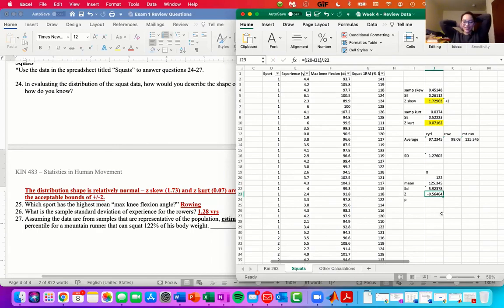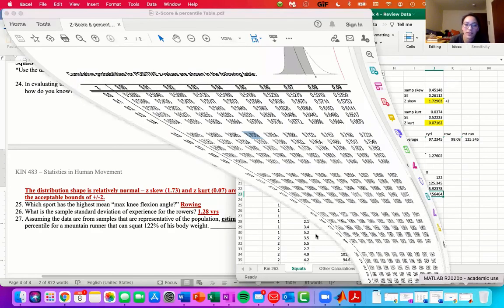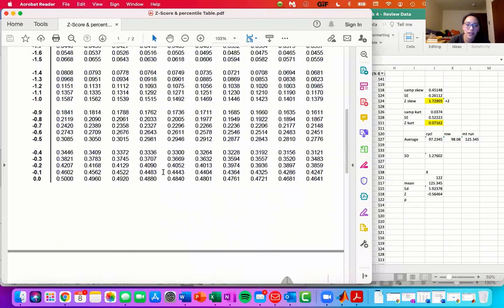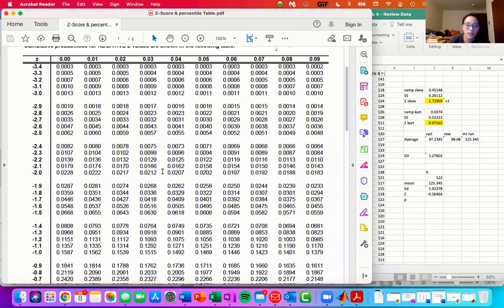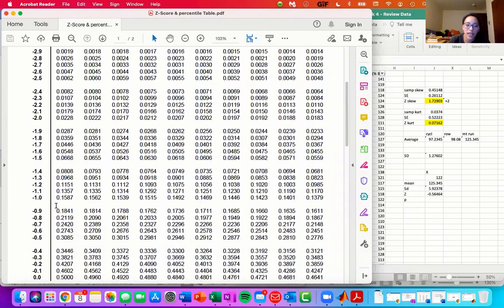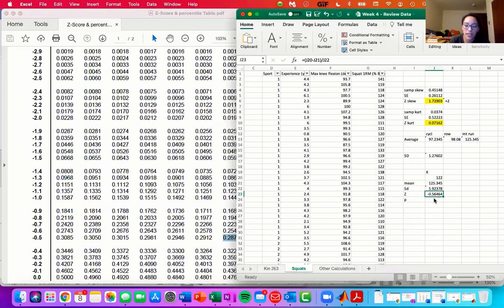Okay, so negative 0.56 is the z-score that we get. So that would tell us go to the negative z-table. And then I can look up negative 0.5, 0, 1, 2, 3, 4, 5, 6. And my probability is either you can report it as 0.28 or 0.29.